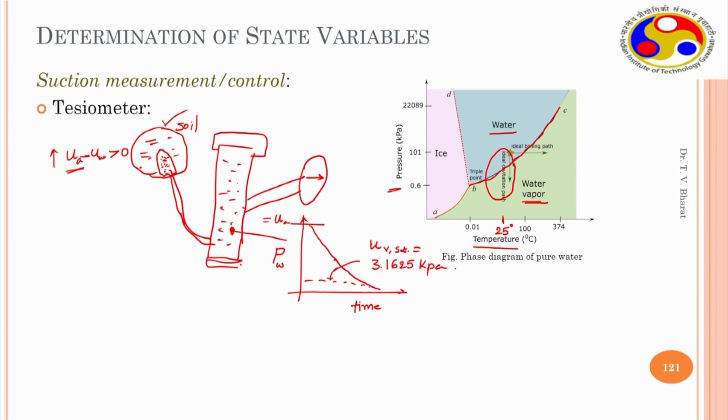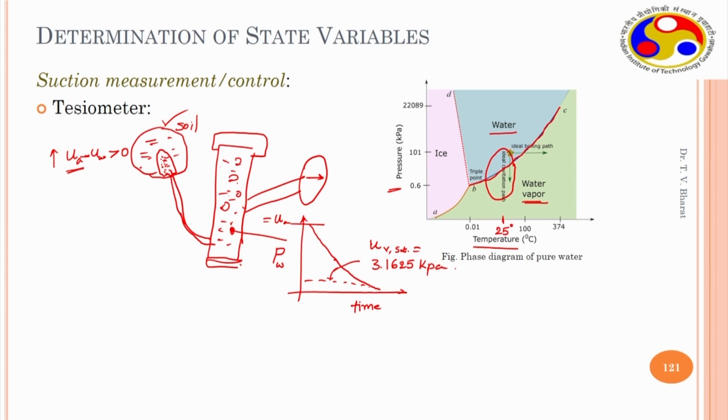When the water pressure reaches this value, vaporization occurs. The water turns to vapor, and you will see a lot of vapor bubbles inside the tube.